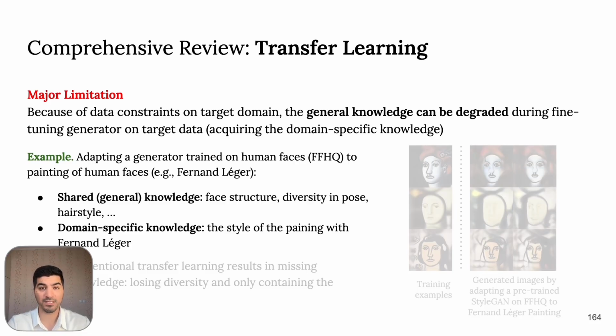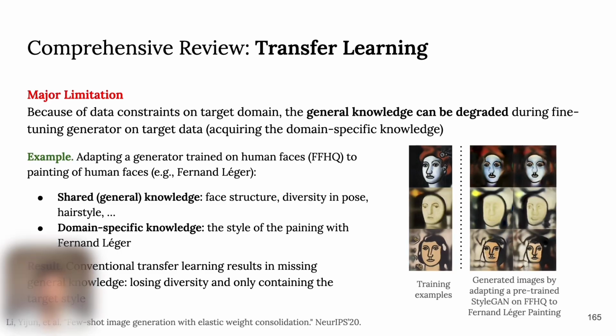And the domain-specific knowledge is the style of the painting by the particular artist we want to adapt to. If we use conventional transfer learning, just fine-tuning the model without any mechanism to preserve the source knowledge, what happens is that we lose the diversity and we only adapt the style of the target domain.